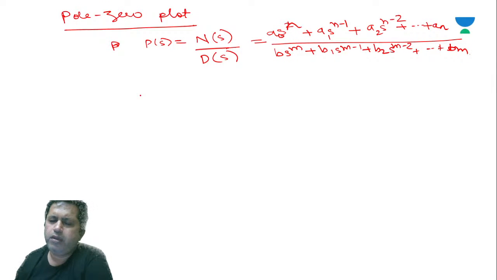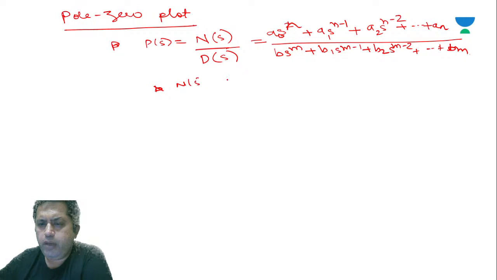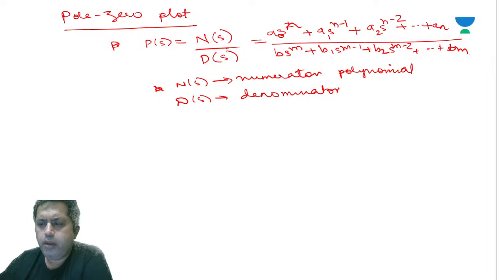Where N(s) is the numerator polynomial and D(s) is the denominator polynomial.